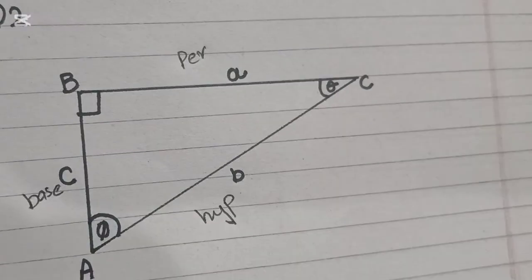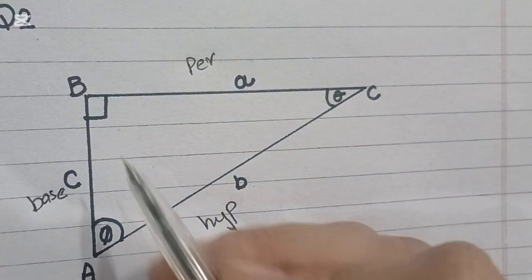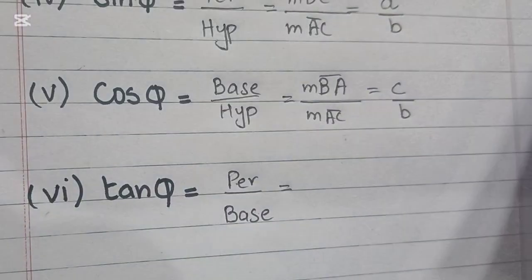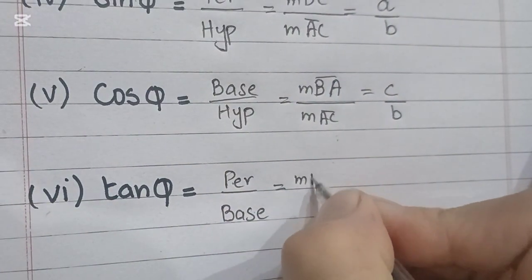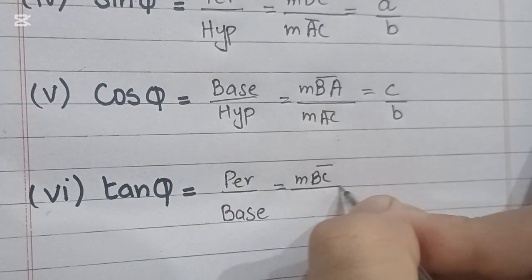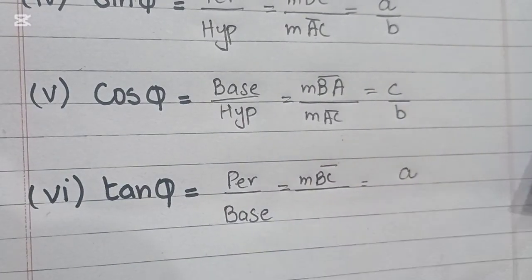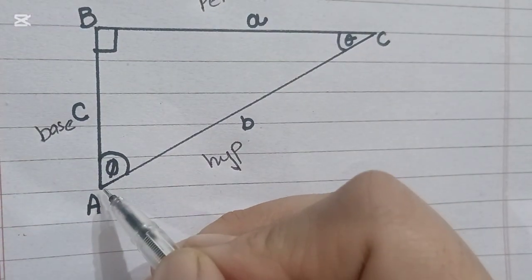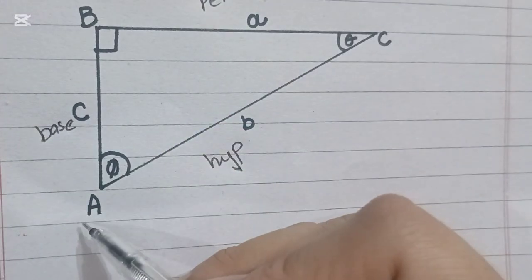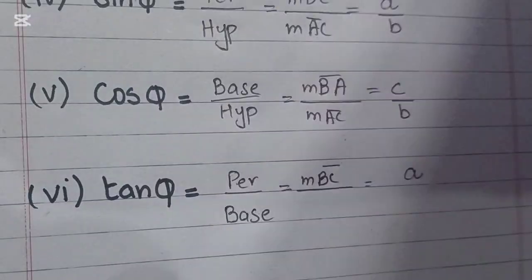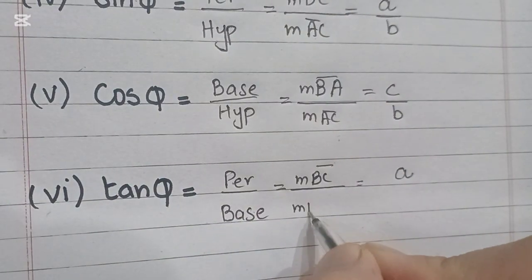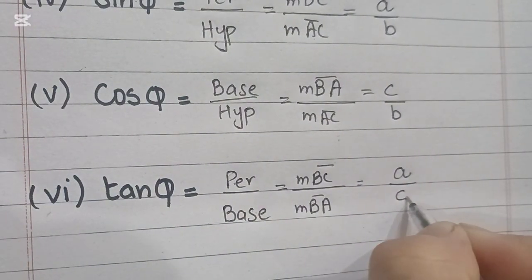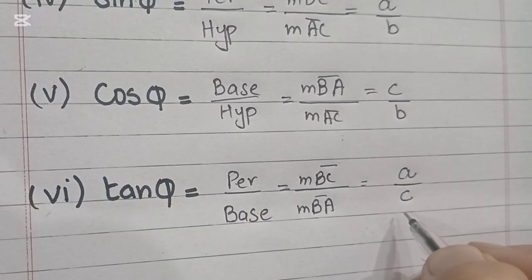The perpendicular side from the diagram on the basis of phi is BC, measurement BC, which is equal to a. And the base side according to phi is measurement BA, which is equal to c. This is our required answer.